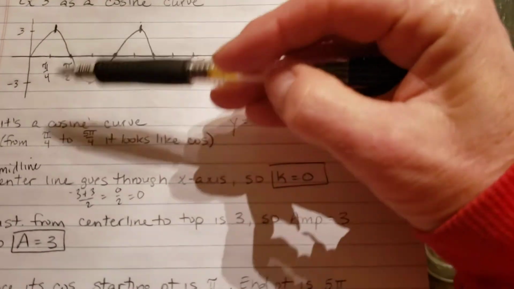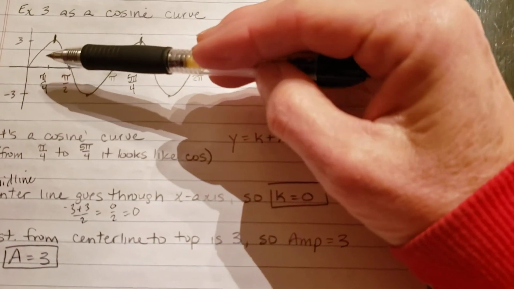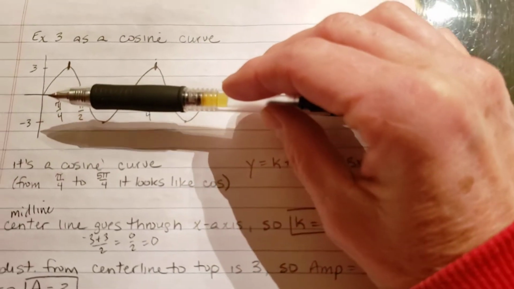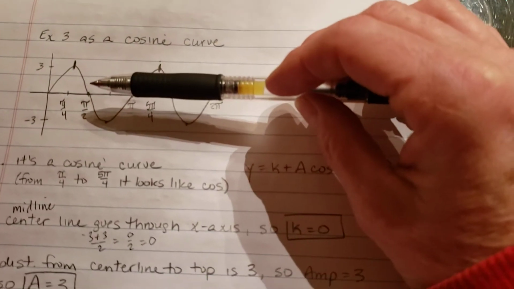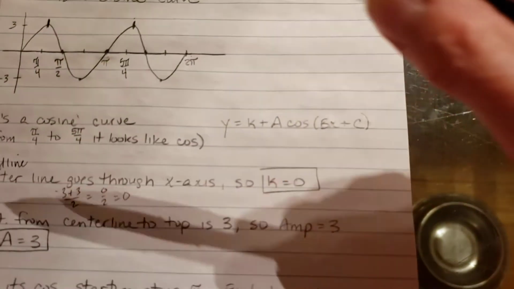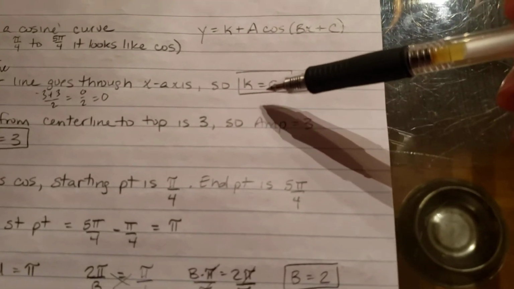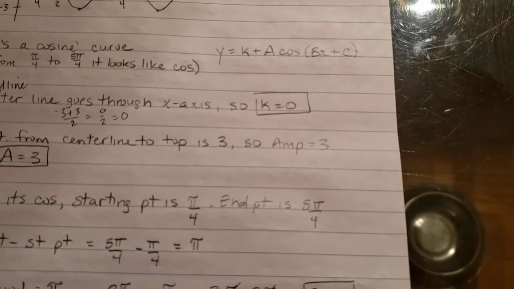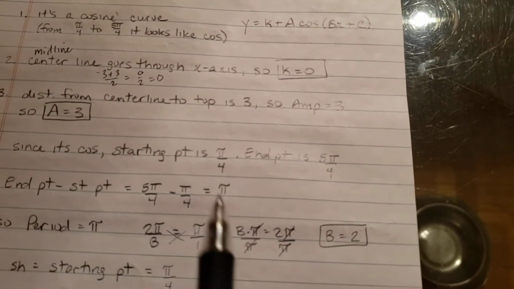But it's also just vertically, if the center of the graph is shifted up or down, then however far it's shifted up or down, that is your center line or your midline. Since this graph is centered about the x-axis, it is 0. So k is 0. The center line is our k value. Step 3 is finding the amplitude.